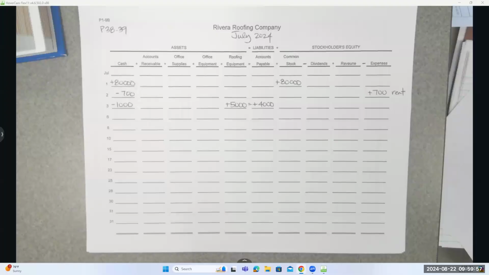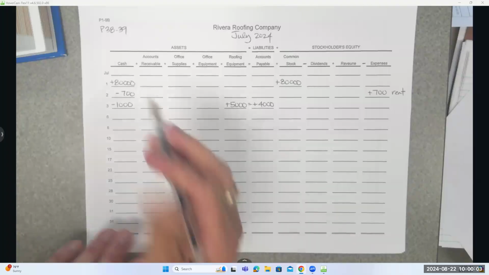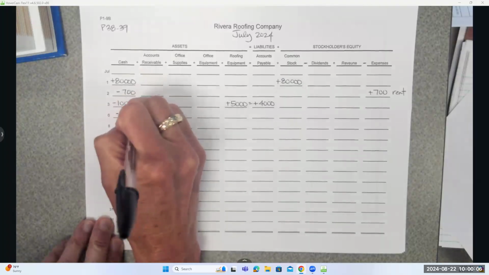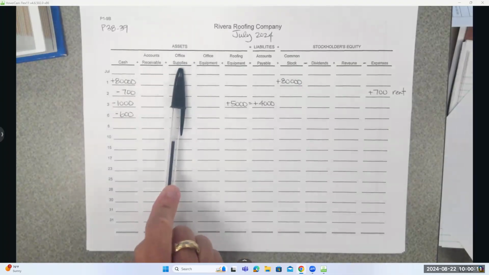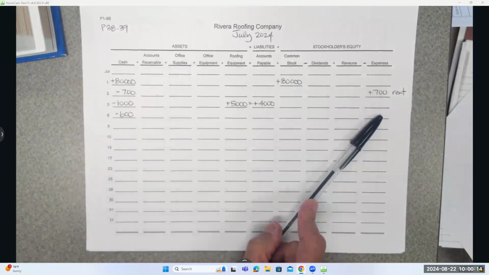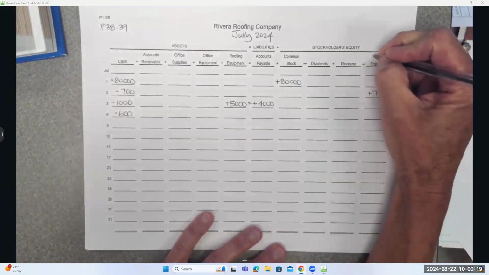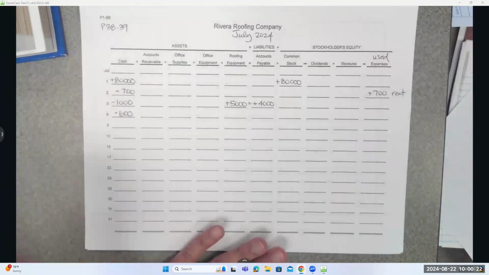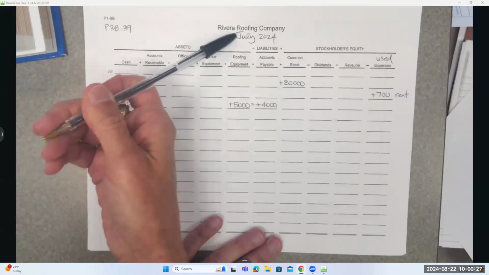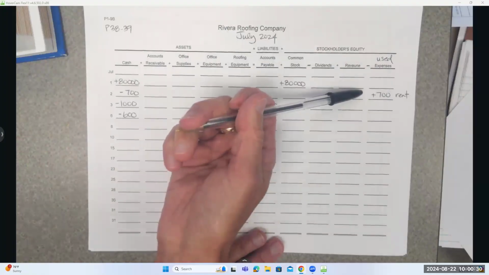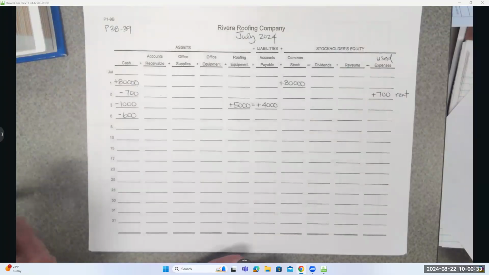The company purchased supplies for 600 cash. So, well, we paid 600, so we're going to put minus 600. So will that be an asset, office supplies, or will it be an expense? Well, it depends. What does it say? Because expenses have to be all or nothing, all used in July to go here. This was for 1 month, just for July. So that is going to be used all in July. Does it say that we used expenses as supplies or we bought supplies?